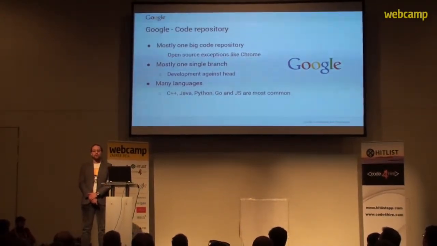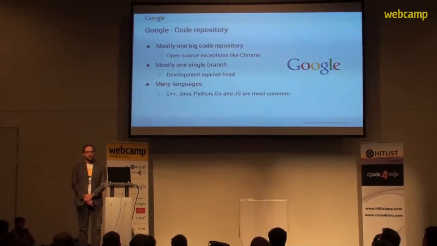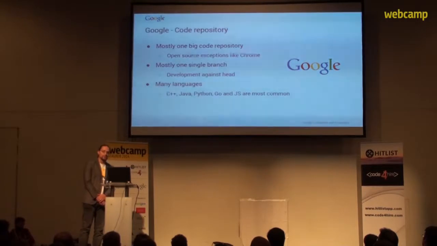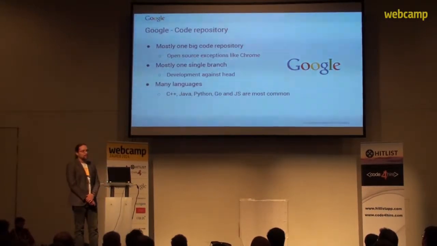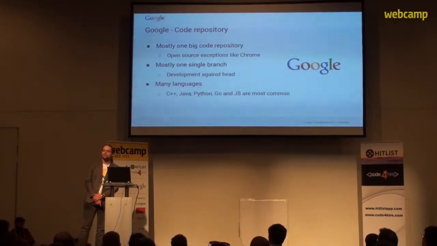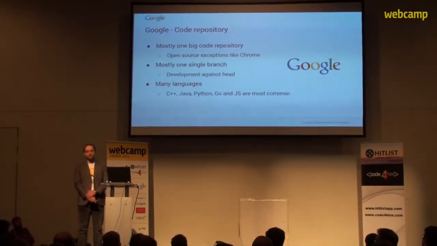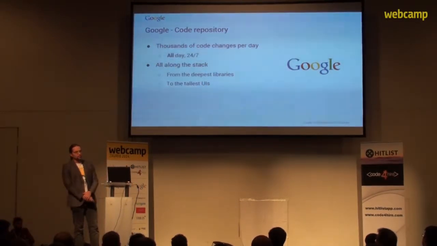But the big ones are C++, Java, Python, Go, and JavaScript. This is important because everything I say here today probably applies to these 5 languages. I can't say whether or not it applies to others because we don't have a significant code base.